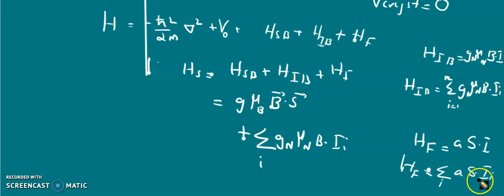So, if there are two nuclei present, the summation goes from i equal to 1 to 2. If there are n nuclei, the summation goes from 1 to n. So, we can see that the summation is also over the nuclei in the system. So, this term becomes summation over i of A, and S dot Ii can be written as Ii dot S.